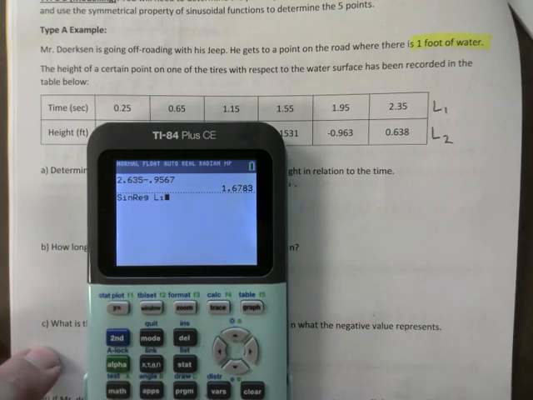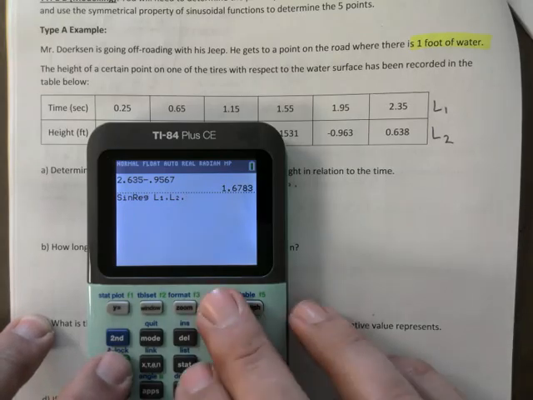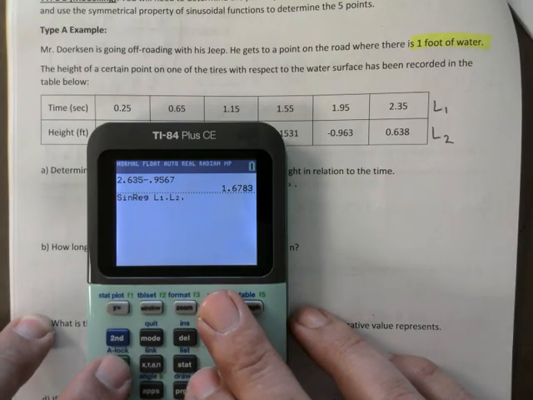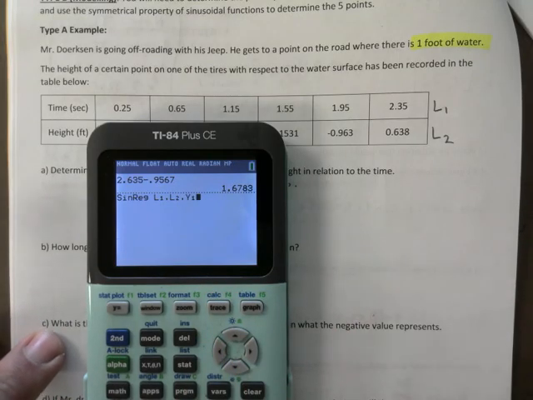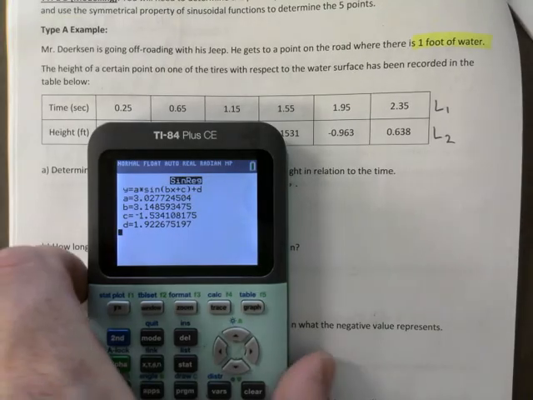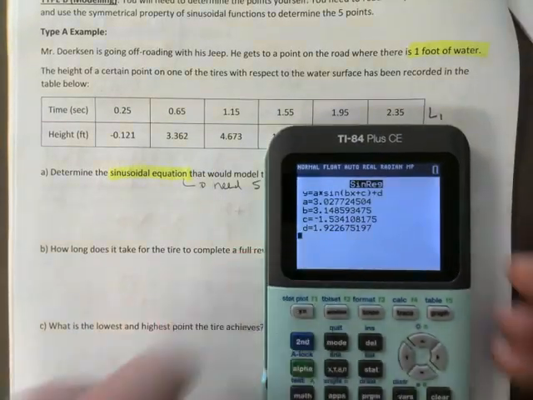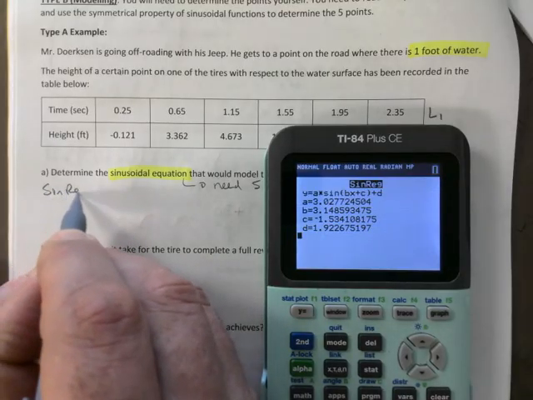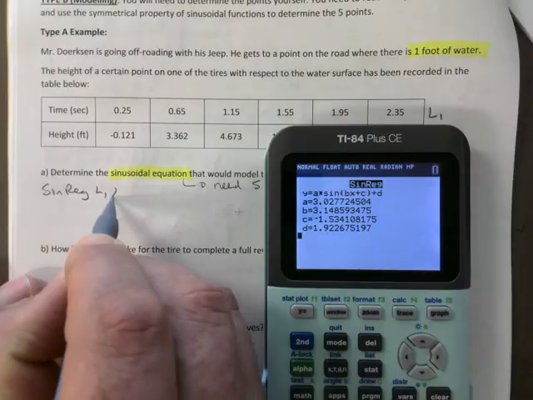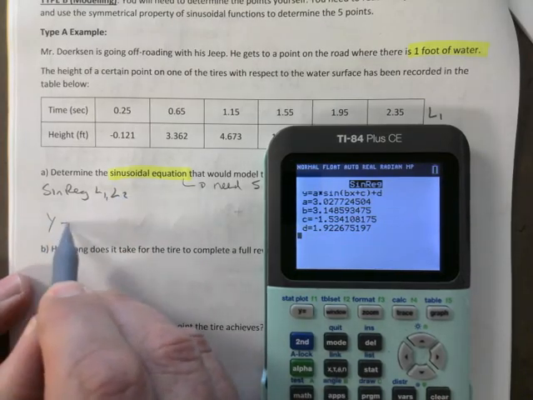Go second 1, comma, second 2, comma. Anybody remember the last step? Alpha, trace, enter. And just type that in. 2 decimals, okay? So all you need to do is sin reg, L1, L2, and just write it out.